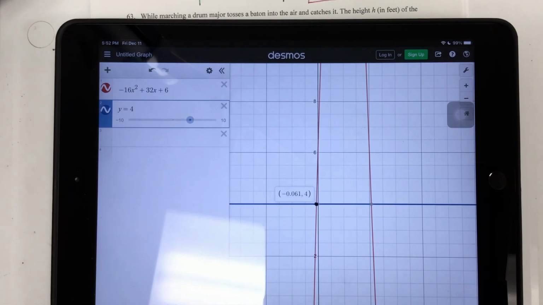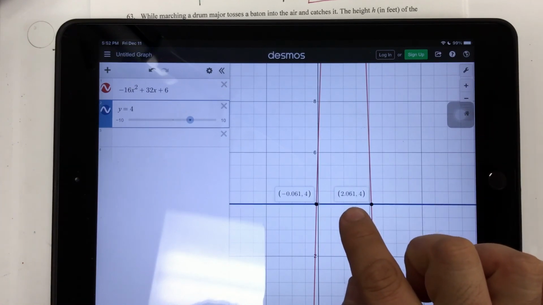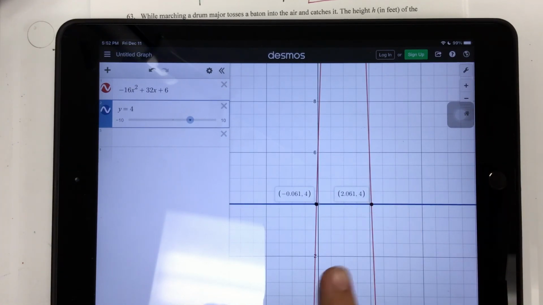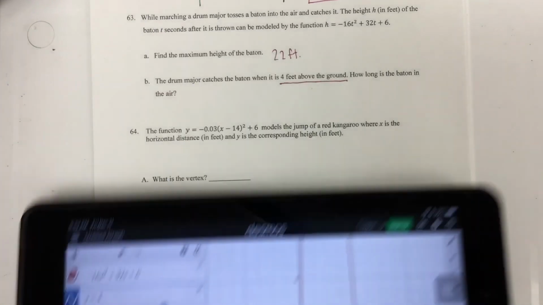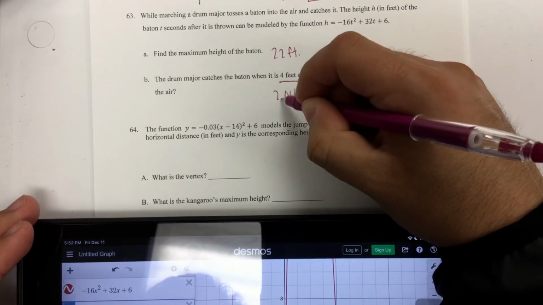That's time. That's impossible. So that cannot be my answer. Over here, there's another one at 4, and that one says 2.061, and that's the amount of time it was in the air when it hit 4 feet. So the time here is 2.061 seconds.